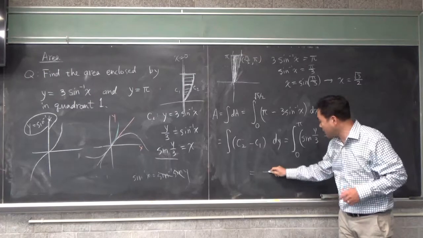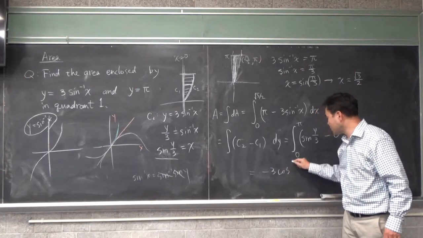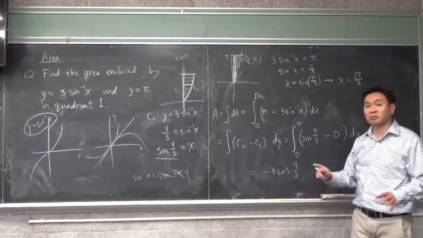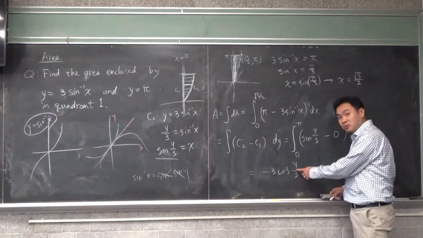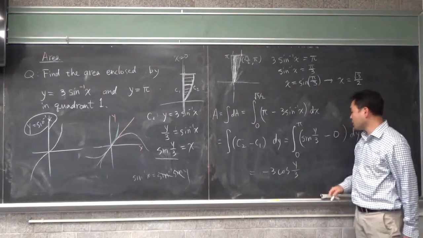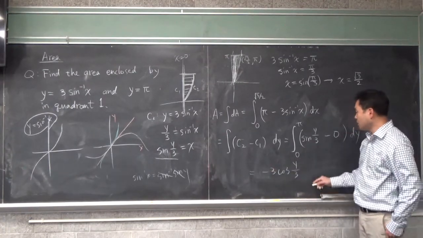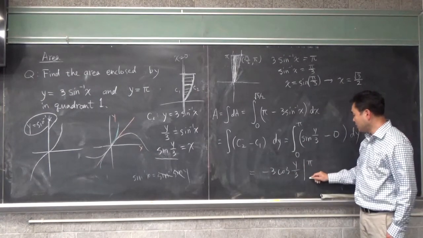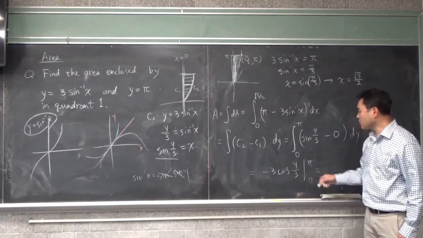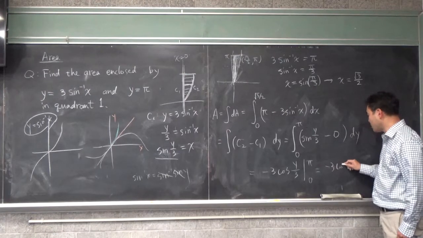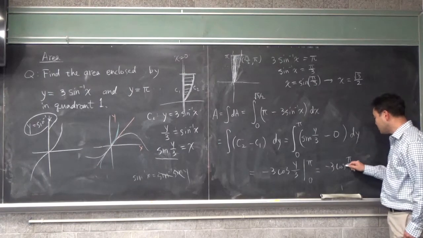Okay, so if we actually do this, the integral of this is -3 cosine y over 3. Using the shortcut, the reciprocal of 1/3 is in front, and sine integrates to negative cosine. And then you plug in pi and 0. If you plug in pi, you get -3 cosine pi over 3.